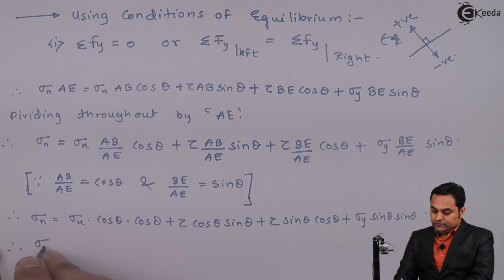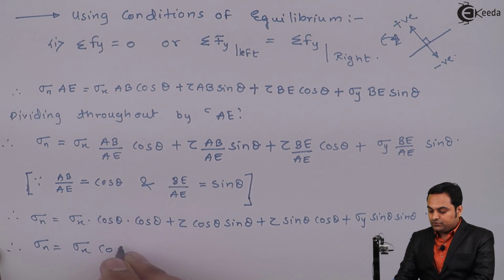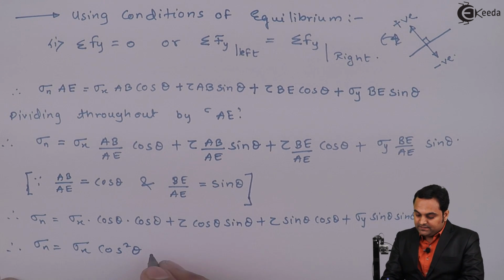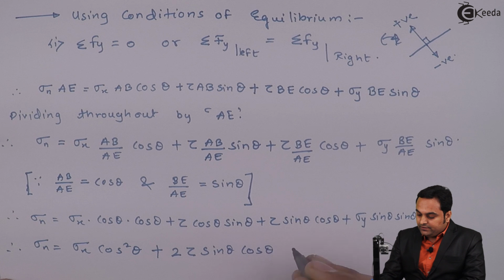Then it can be written as sigma x cos theta into cos theta becomes cos square theta, plus here we have 2 tau, I can add them, sin theta cos theta, plus sigma y sin square theta.